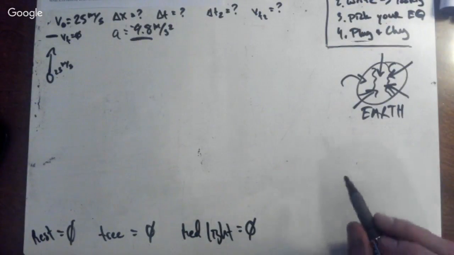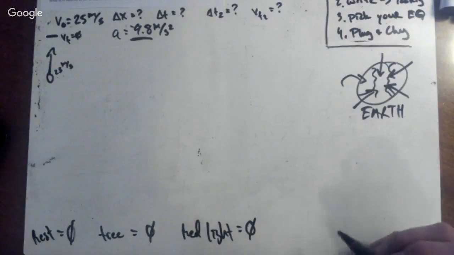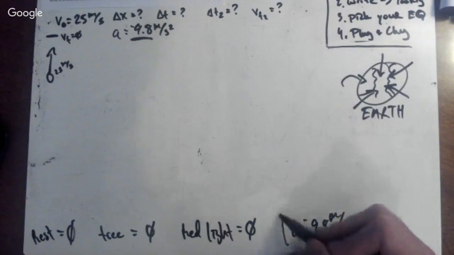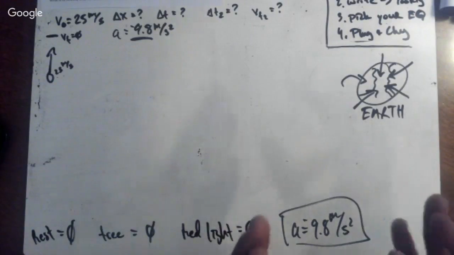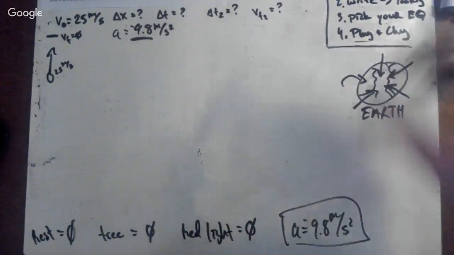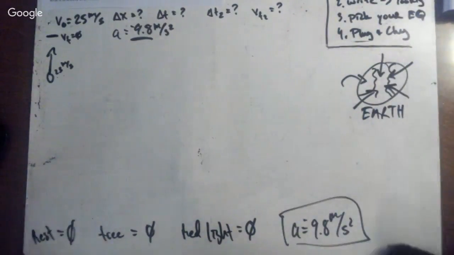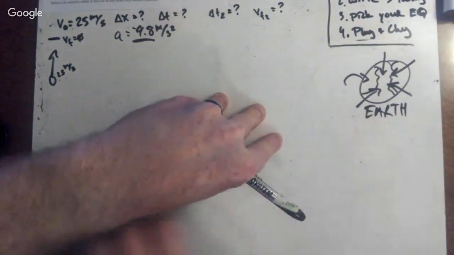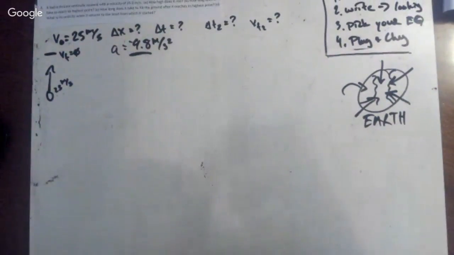And usually, with falling problems, we won't give you the acceleration. So if we don't give you the acceleration and the problem involves falling, the acceleration is probably negative 9.8 meters per second squared. I didn't say always because it's not always true, but it's usually true. Okay, so let's go ahead and solve this problem.